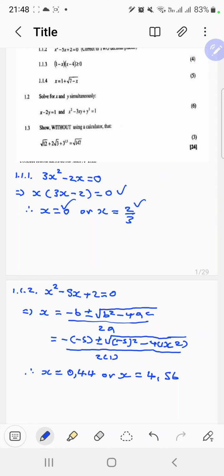Okay. So of course you want to double check that these solutions, rounded off to the nearest integer, give us 0.